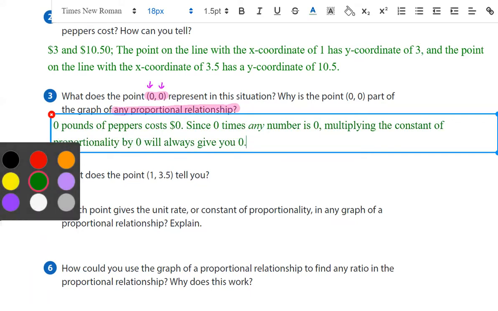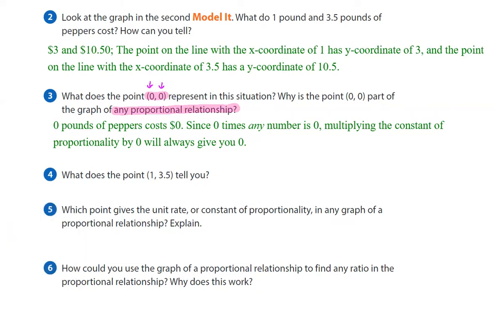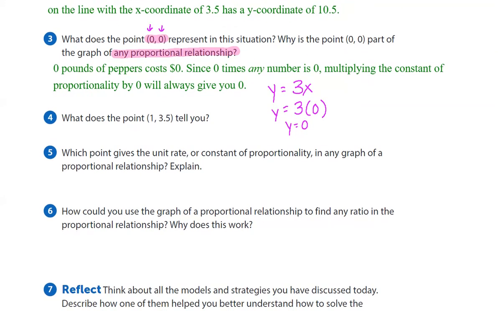So our equation was y equals 3x. So if we buy 0 pounds of peppers, y equals 3 times 0 pounds of peppers. So y equals 0. Y is nothing. Okay, so remember that a proportional relationship on a graph must always go through the origin, 0, 0, because if you buy nothing of something, if you buy 0 pounds, you spend $0.